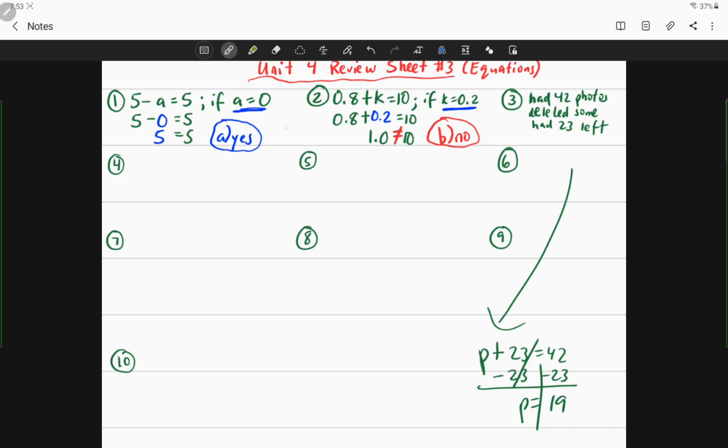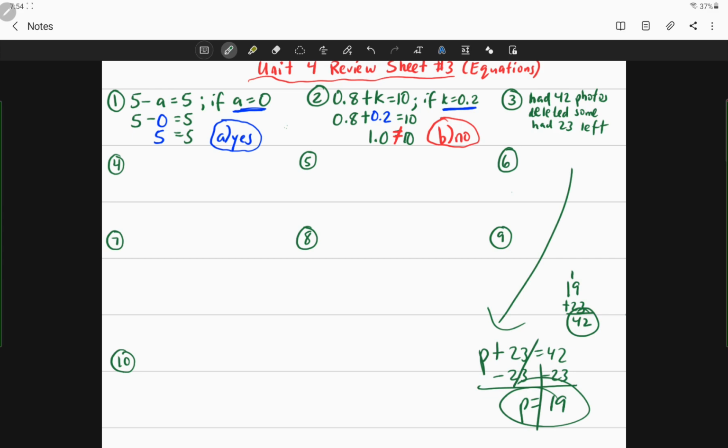Just like it says in the question, she started with 42 photos, she got rid of some, and she had 23 left. So what we're looking for is the amount that she deleted, which is 19. If you want to check it, we do P, which is 19, plus 23, and you're going to see we come back to the 42 she started with.